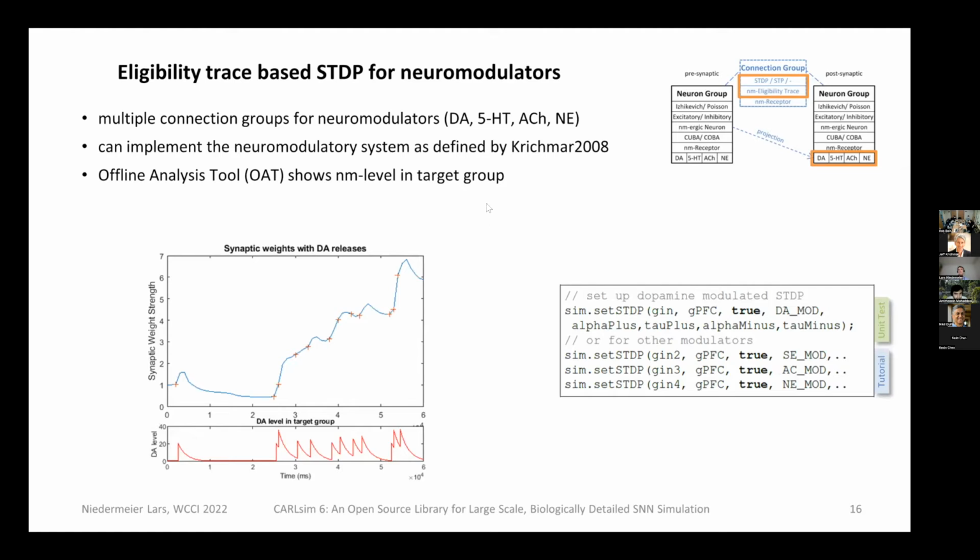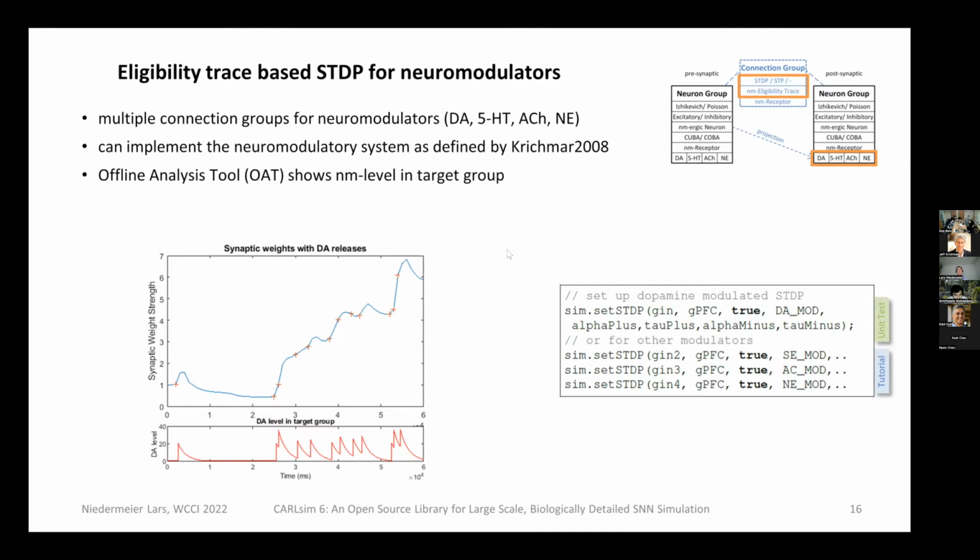CARLsim also supports eligibility trace-based STDP with different neuromodulators. In previous versions, we only supported dopamine modulated STDP. Now we have support for all 4 types of neuromodulators as listed here. The figure shows the analysis done with the offline analysis toolbox that comes with CARLsim.